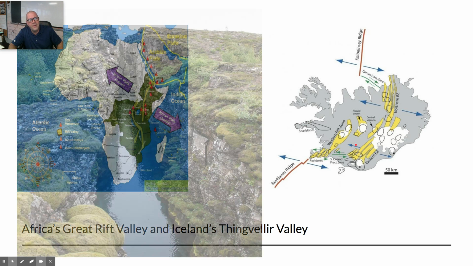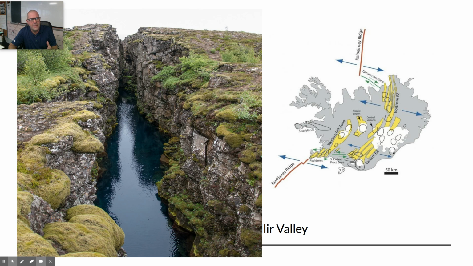So if you had a chance to visit the Thingvellir Valley, you see an image right here of Iceland's Thingvellir Valley. This is one place in the world where you can actually walk. Well, it's not all covered by a shallow stream like this is here, but there are some portions where the rock here, you can actually walk over here and put your hand on the North American plate.